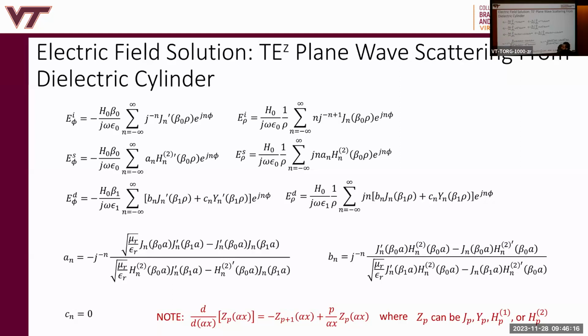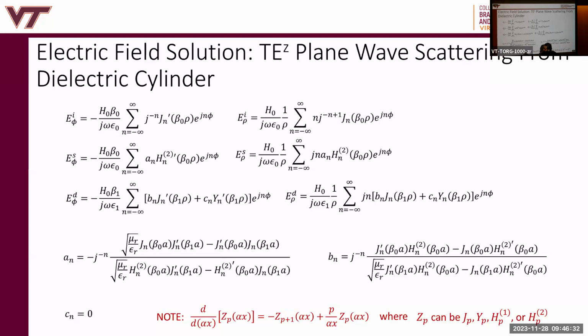Now, these coefficients are in terms of derivatives of the full argument of a Bessel function or a Hankel function. So I put here how to do that differentiation if you write a computer program, which you'll probably do for your homework.